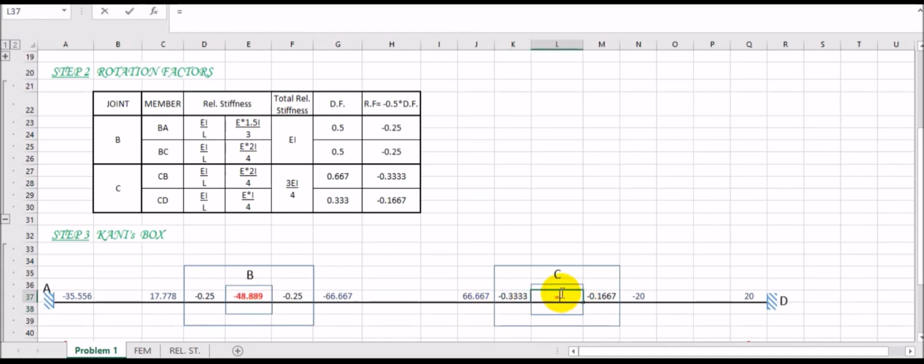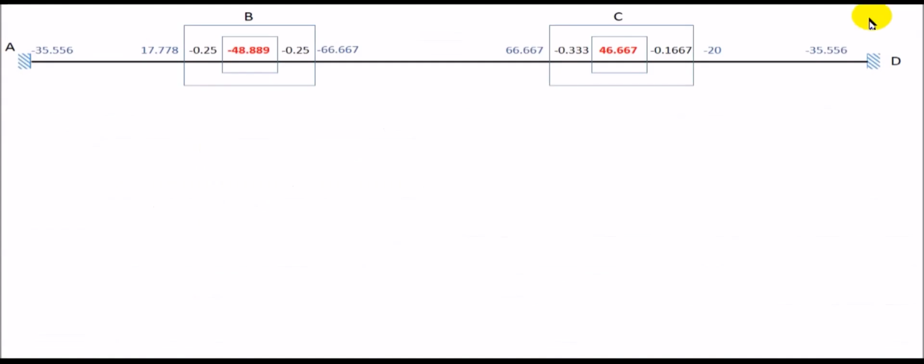Same here, it is this value plus this value, the summation of the adjacent fixed end moments of the boxes, and you have to write it in the center box. So this has to be done before the iteration. This is the completion of my first step, and then we'll have to start the iteration process.